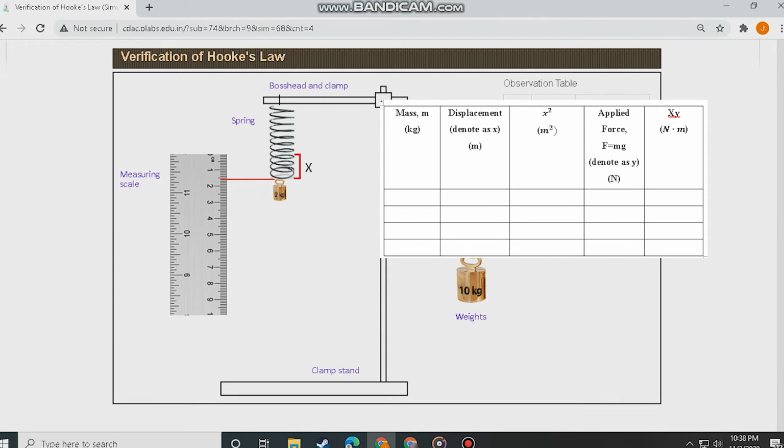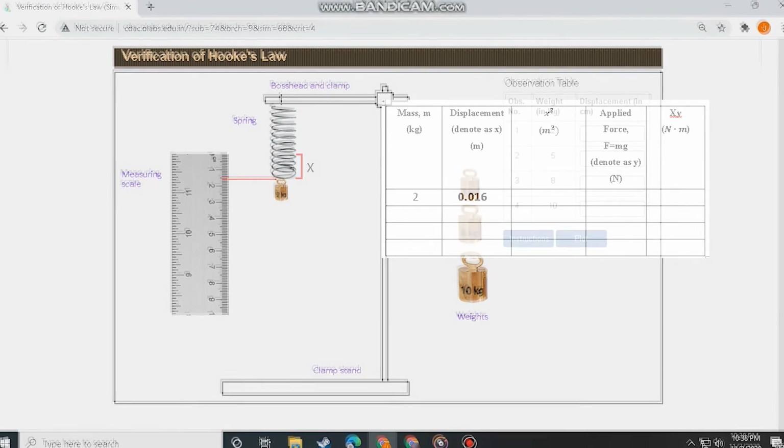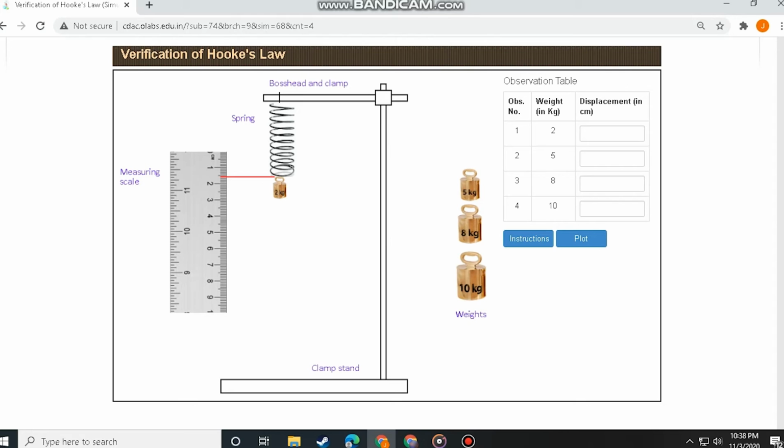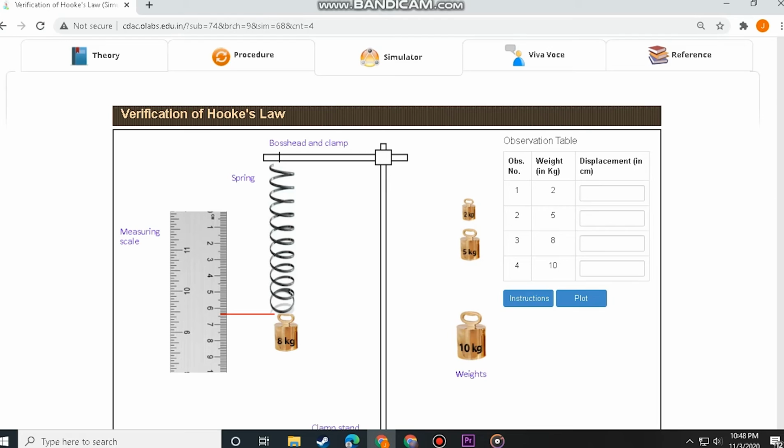Start with 2 kilograms and record the new position or displacement of the pointer as x. Gradually increase the load by 3 kilograms until a total of 8 kilograms is loaded. Record the position of the pointer in table 7.1 every time a new load is added.